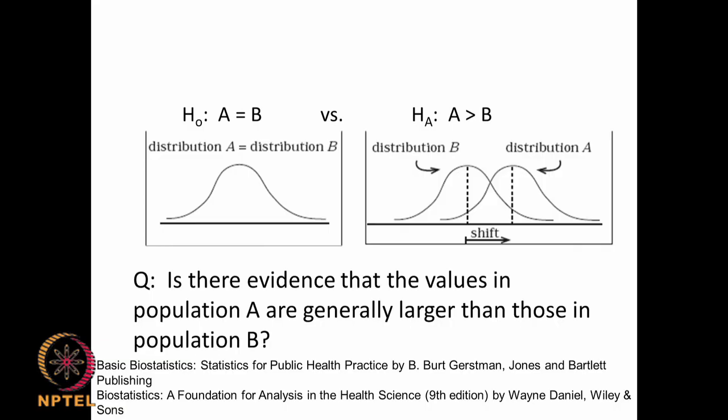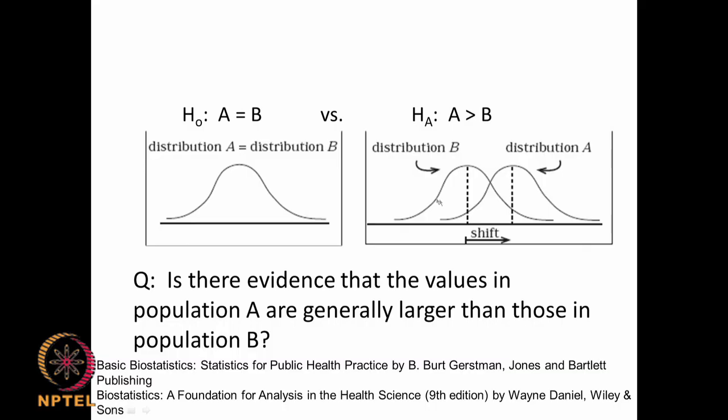Okay, let us look at some problems later on, but initially we are looking at A is equal to B, distribution of A and B are same, whereas A is not equal to B, right. Here A is greater than B, because A is shifted to the right. So, for example, we can say, is there evidence that the values of A are generally larger than that of B?